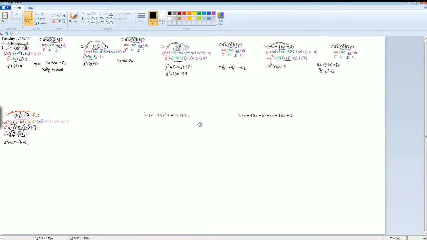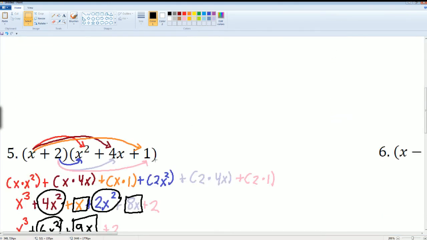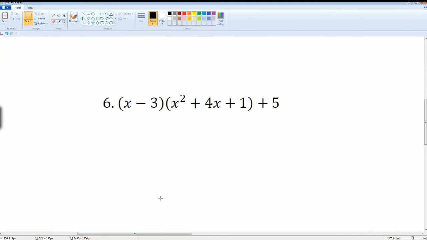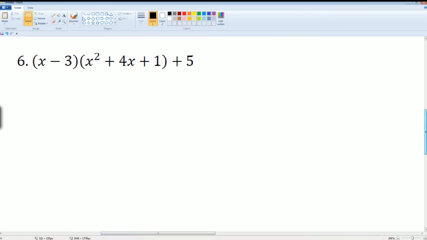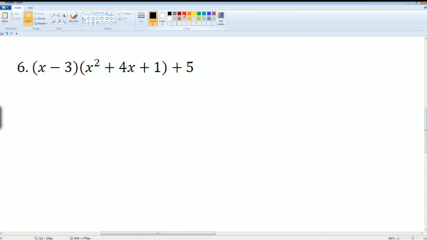Okay, let's just bring it over here. I'm just gonna bring it in view so we can work on it. All right. Okay, let's do this one. I don't know if I could follow the same colors. All right. So x is going to be distributed to the first term.